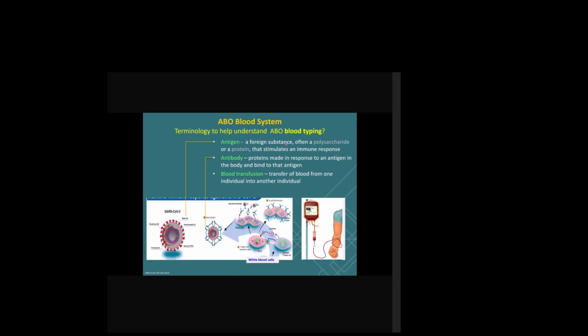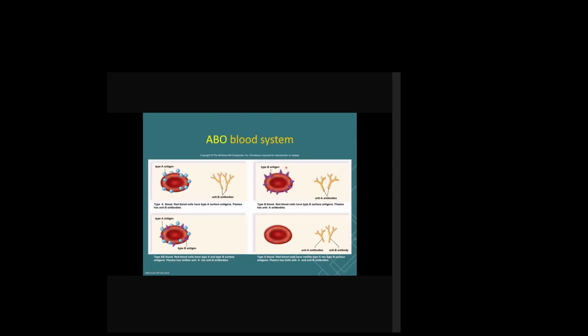An antigen is a substance that our body finds to be foreign, which is protein or polysaccharide in nature. Antibodies are things that our bodies produce in response to them. So in our ABO blood system, we have two kinds of peculiar antigens on them.